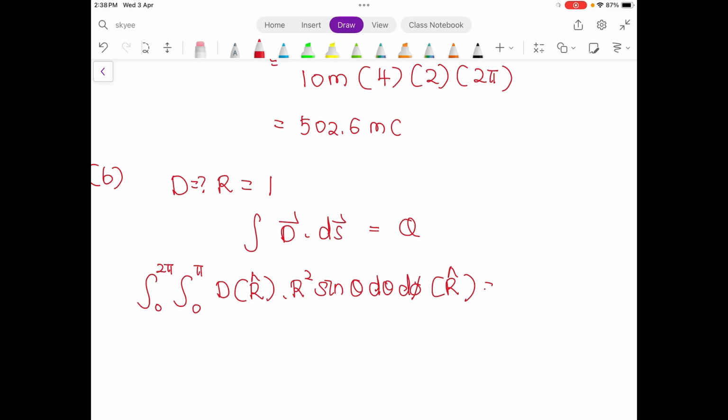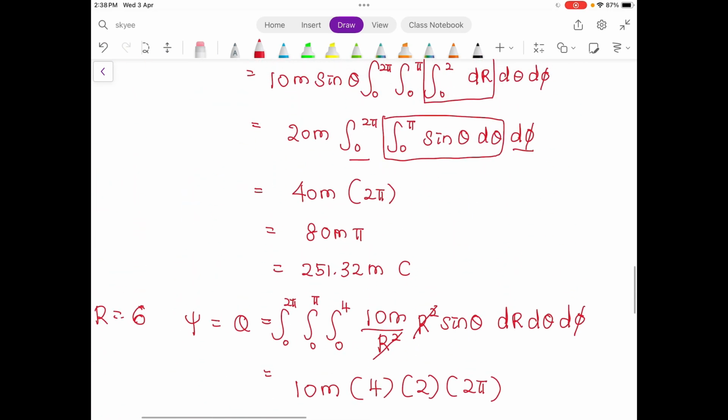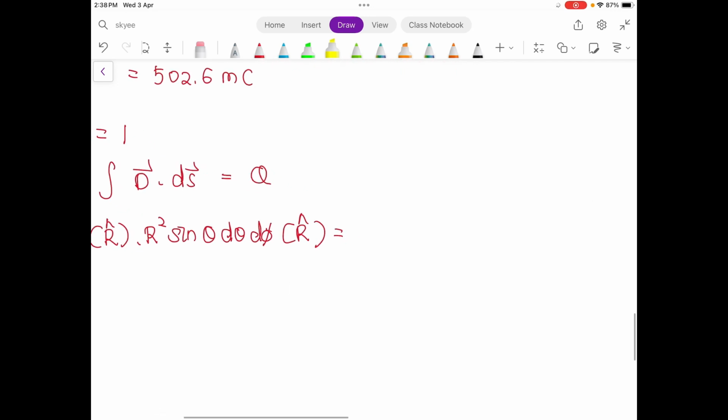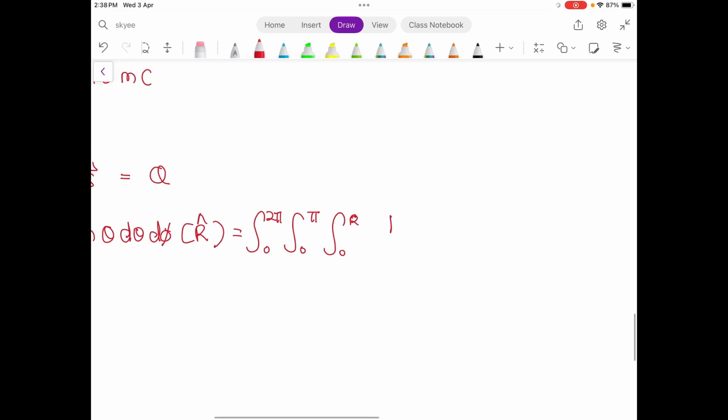And for the right side, you can use this one, but replace the 2 with R, meaning 0 to 2 pi, 0 to pi, and 0 to R, then you have 10 milli, R squared sine theta, dr, d theta and d phi.